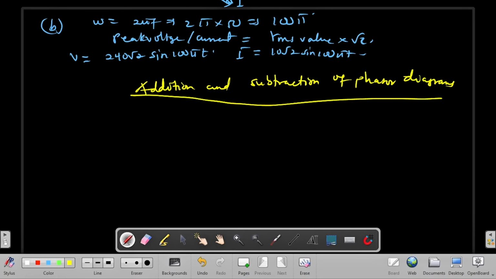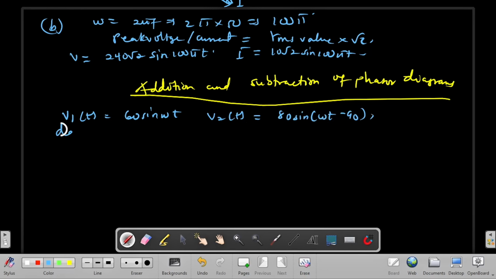So whenever you have phasor diagrams, you can add or subtract, right? So how do you do that? Let's use this example to understand that. I have V1 as a function of t equal to 60 sine omega t, and V2 as a function of t equal to 80 sine omega t minus 90 degrees.